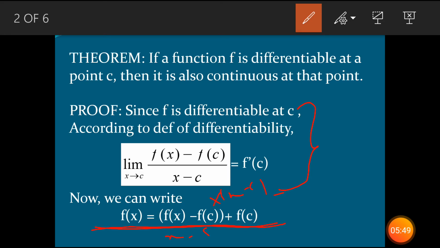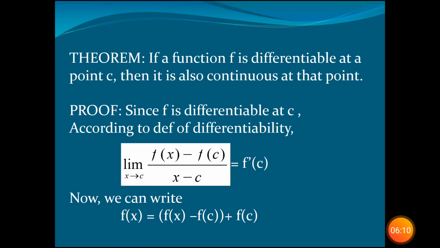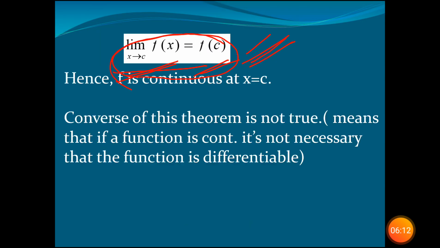Then on taking the limit on both sides, this limit will become f dash c, and if we apply the limit here, this will become 0, and this is as it is f(c). So the limit of f(x) as x tends to c equals f(c).